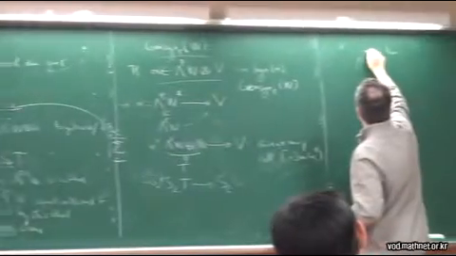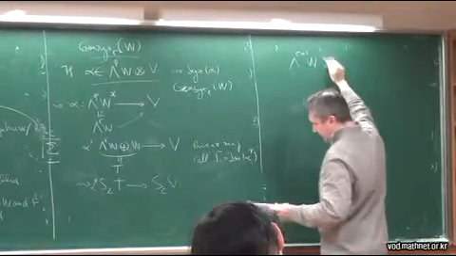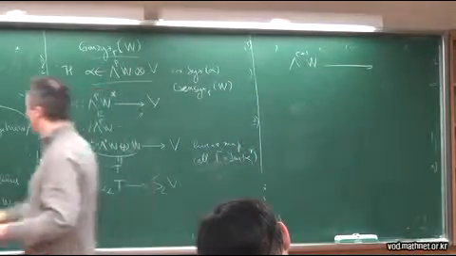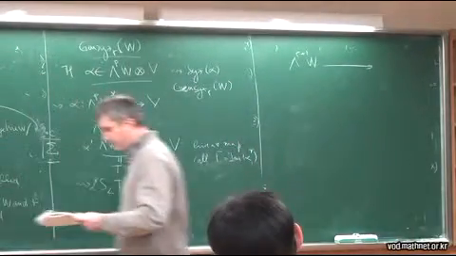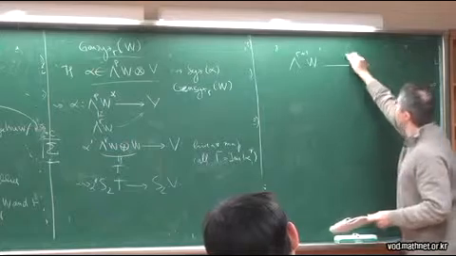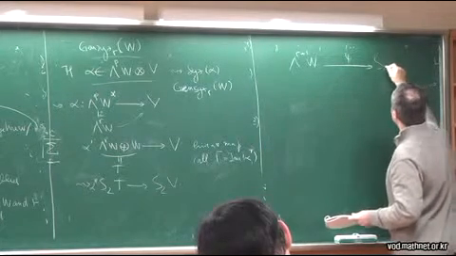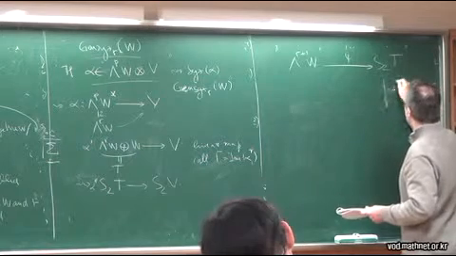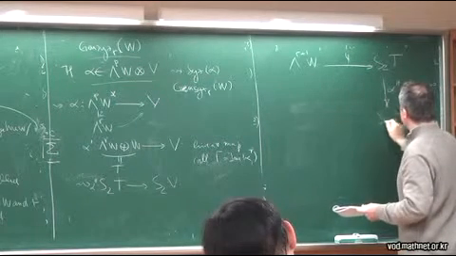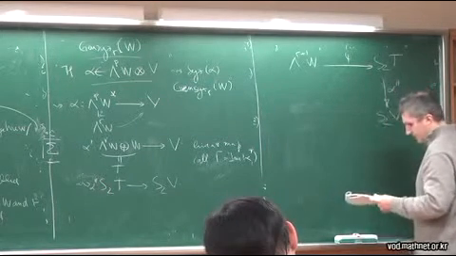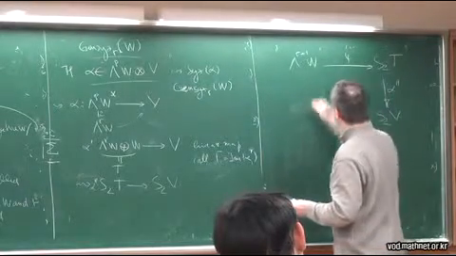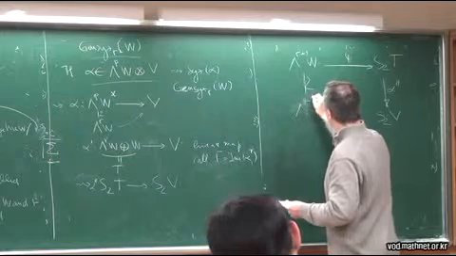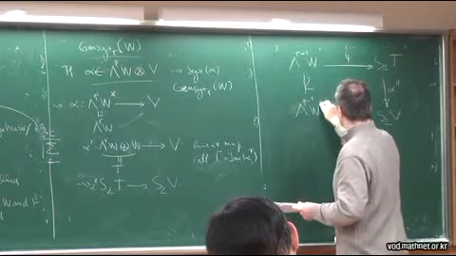So wedge R plus 1 of W goes through this, let's call this psi, to S2 of T. Then we have alpha double prime to S2 of V. This is isomorphic to wedge P minus 1 W dual.